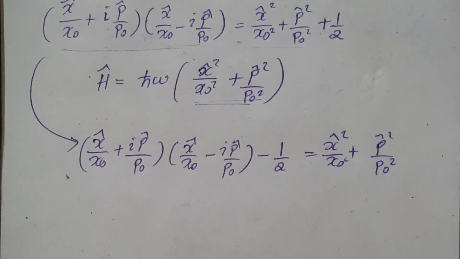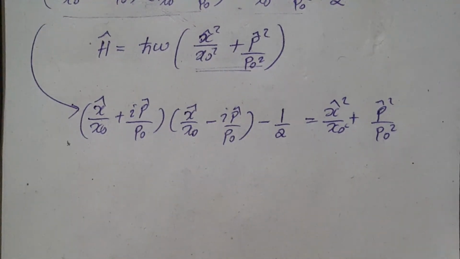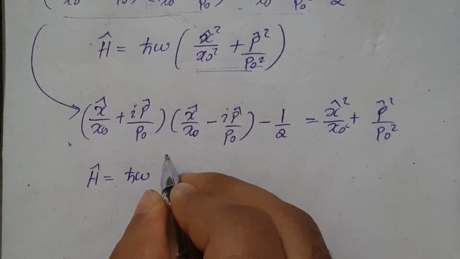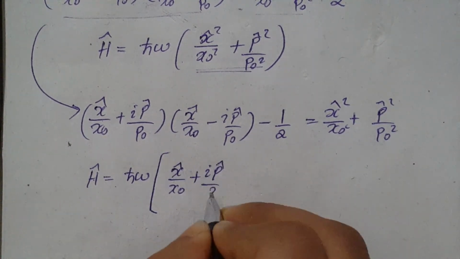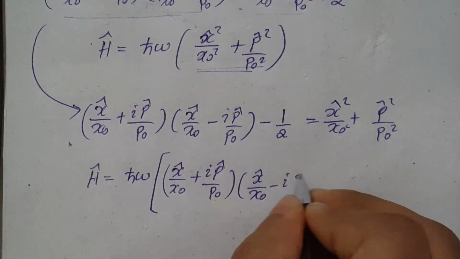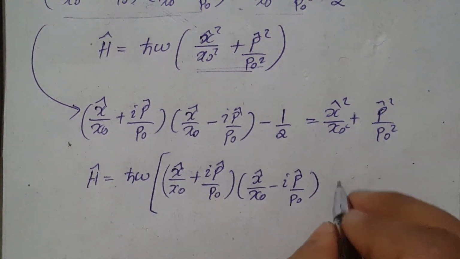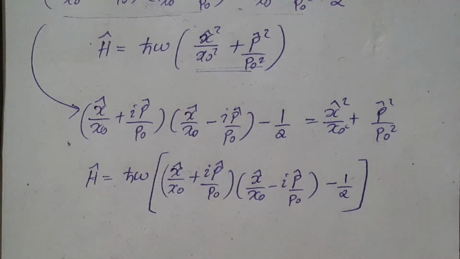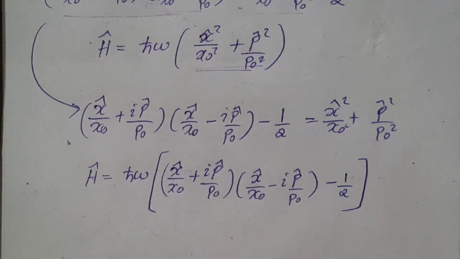Okay, so we can rewrite our Hamiltonian as h cap is equal to h cut omega times x cap by x naught plus i p cap by p naught times x cap by x naught minus i p cap by p naught minus half. Okay, now we have our Hamiltonian in a new form.